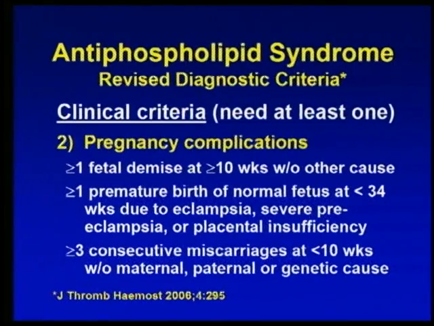And there are specific criteria mentioned in this paper as to what would qualify as placental insufficiency. They include things such as an abnormal physiologic non-stress test, Doppler abnormalities or ultrasound abnormalities in the placenta, placental thrombosis, and low birth weight of the baby.